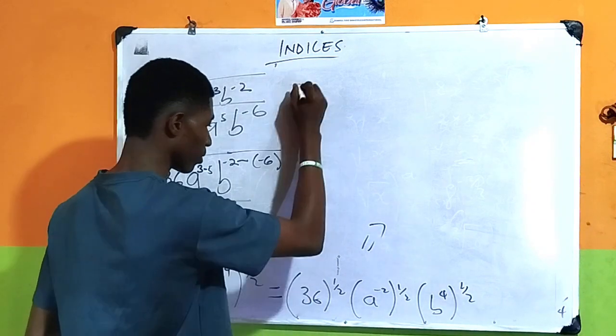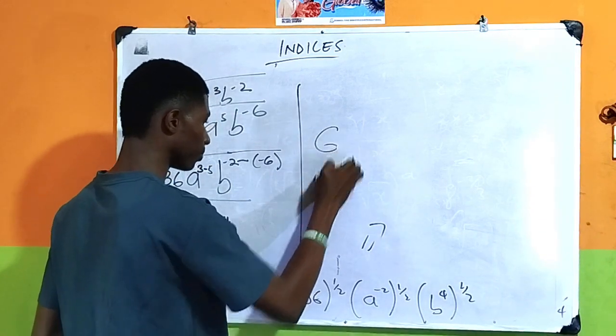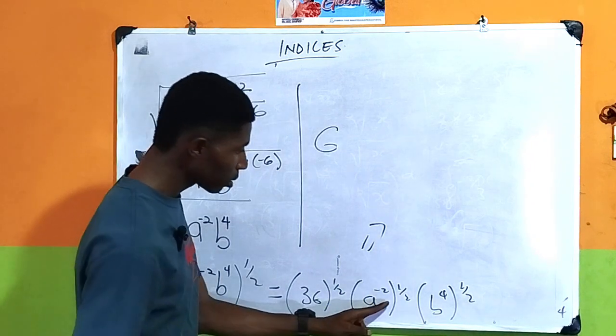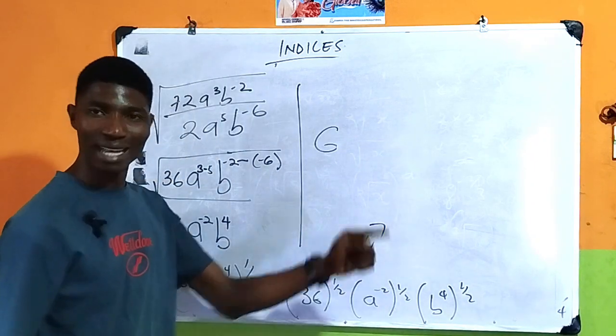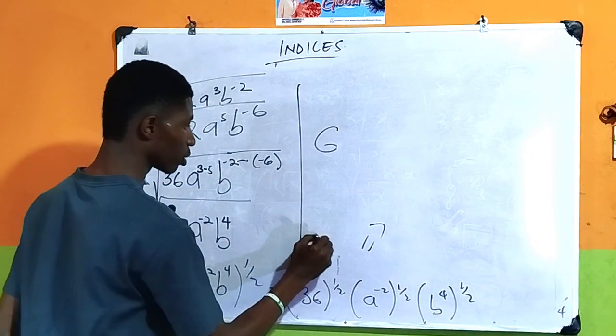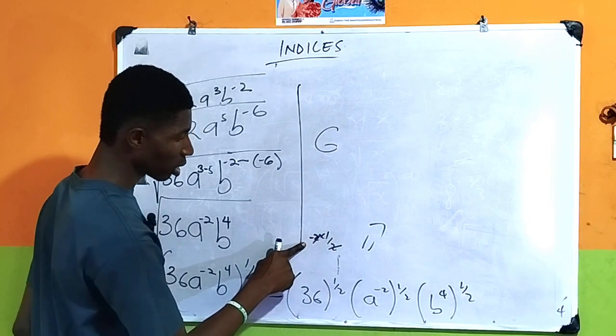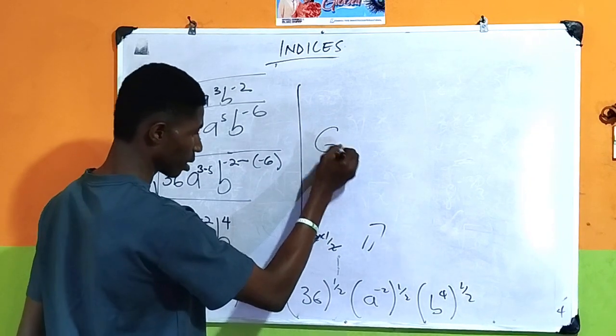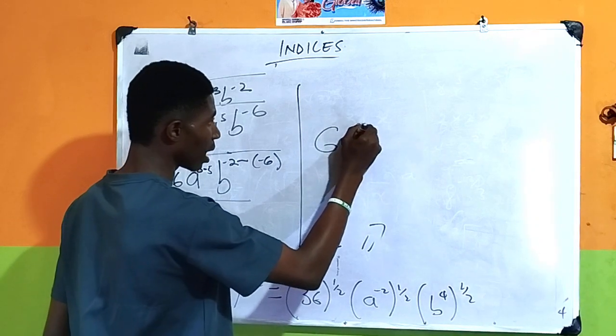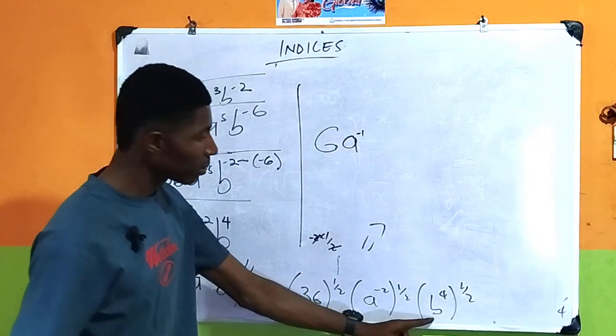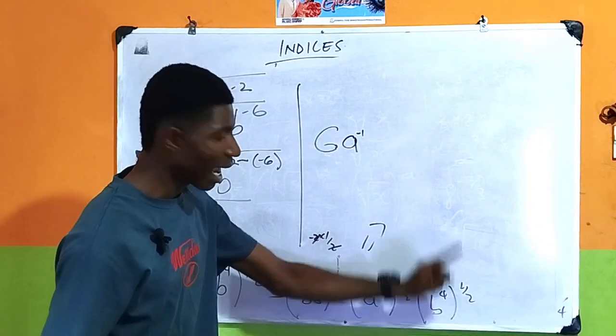So I have 6. Now, minus 2 times half. 2 cancels out 2. What is left? Minus 1. So I have a power minus 1, and b power 4 times half.